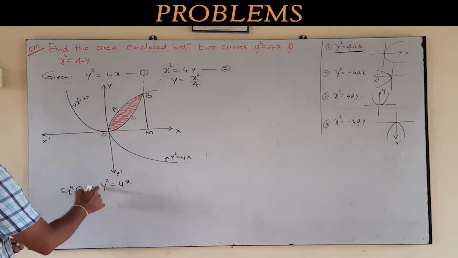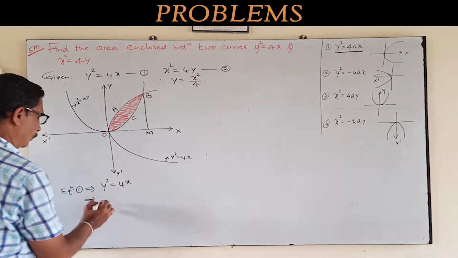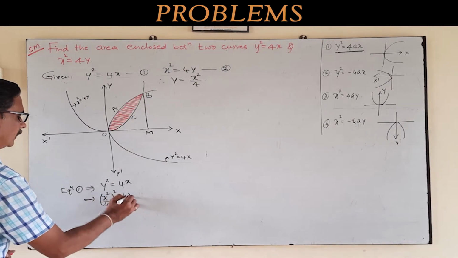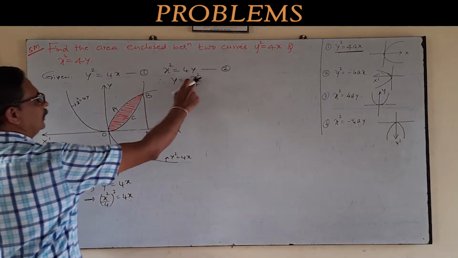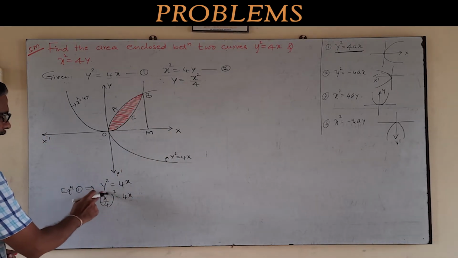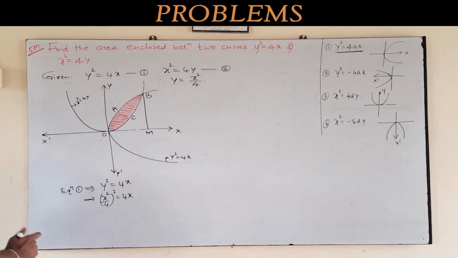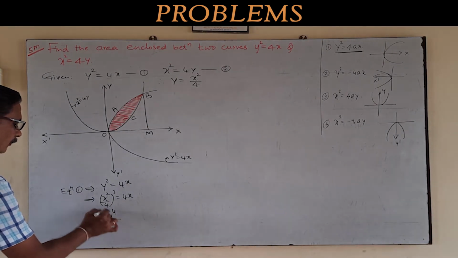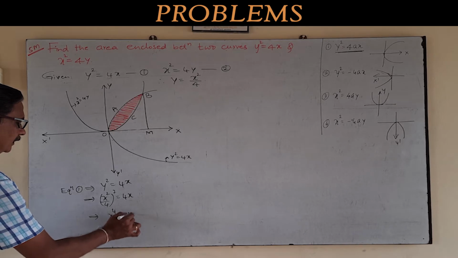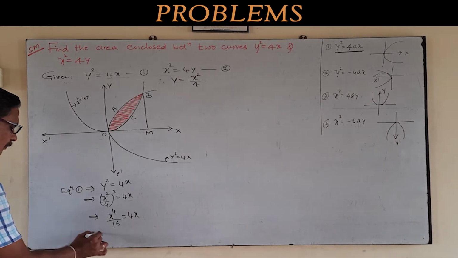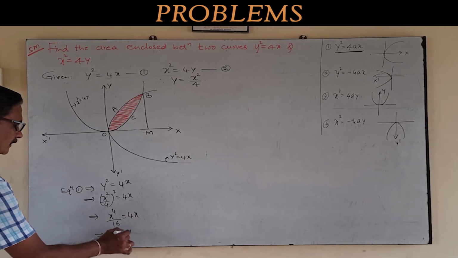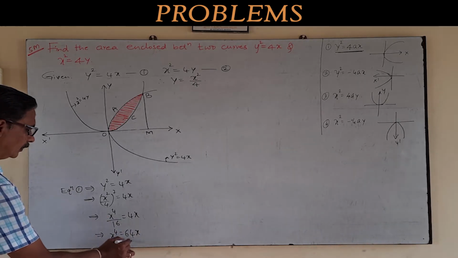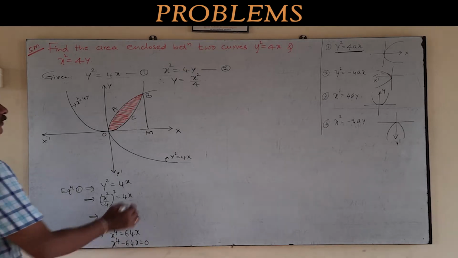Putting the value of y from equation 2, x square by 4 whole squared is equal to 4x. Simplify: x square whole squared is x power 4, 4 square is 16, equal to 4x. Cross multiply: x power 4 is equal to 64x, or x power 4 minus 64x is equal to 0.